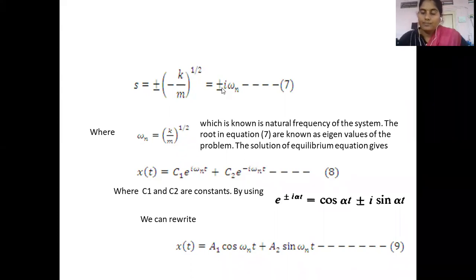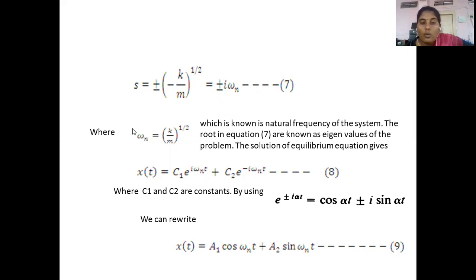If we take omega n square and take its root, that will become omega n. So the roots of this equation, s1 s2, are equal to plus or minus i omega n. That is the two roots of the equation, equation number 7. I hope all of you have understood this.